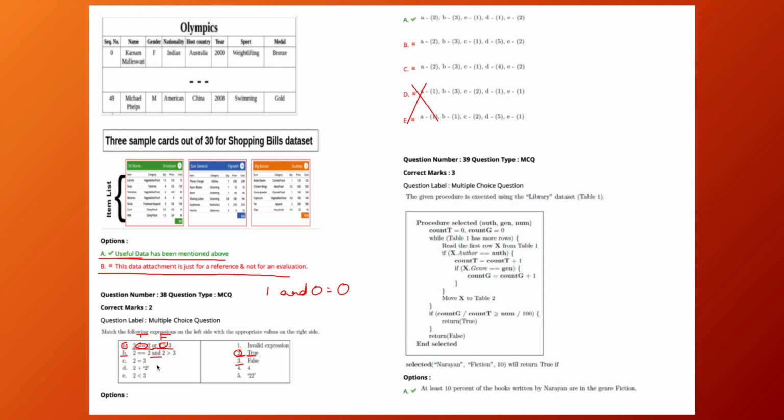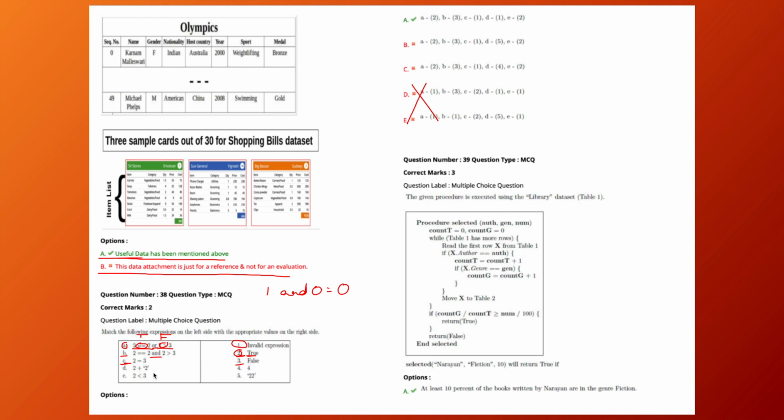So that's what we need to understand, that we cannot assign an integer to another integer. We can only assign an integer maybe to a variable. And since 2 is not a variable, it's actually an integer, we cannot assign it, so it's actually an invalid expression. So in that case, your correct option for C would be 1. So it's going to map to 1 on the RHS. Now again, let's go to the options and see. Yeah, all 3 of them have 1, which means that we cannot rule any of them out just yet.